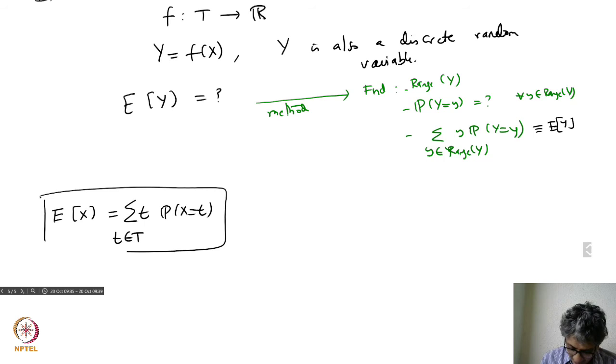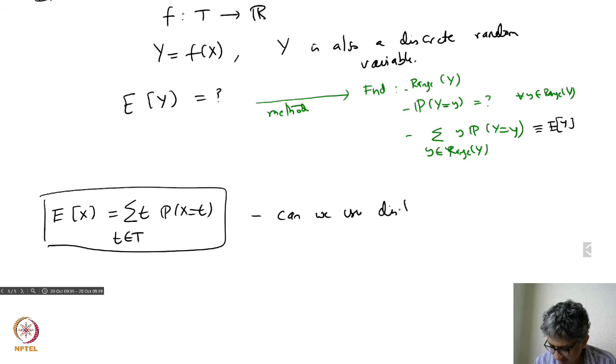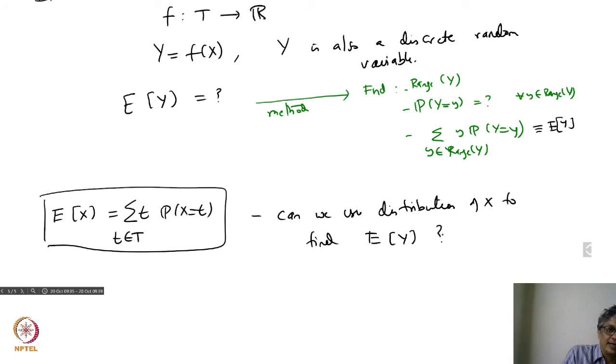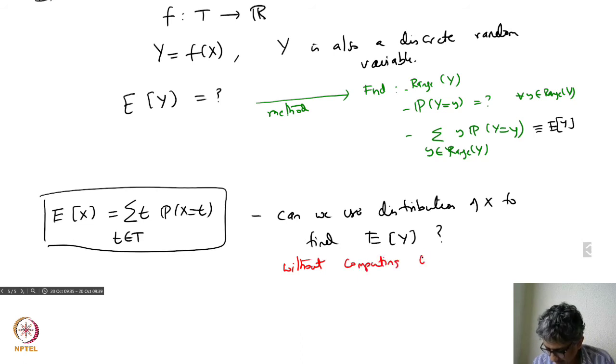Can I somehow use the distribution of X to find E[Y], without explicitly computing the distribution of Y?